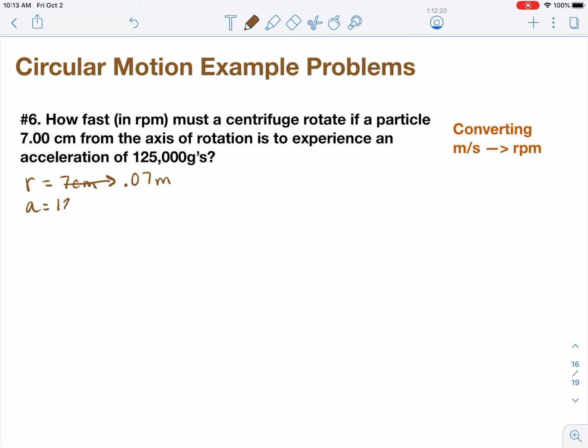The next variable that they give us is acceleration, and they give this to us in terms of Gs. So what that means is that I am going to need to take my 125,000 and multiply that by the value of G, which is going to be our 9.8, in order to get an actual value in meters per second squared.